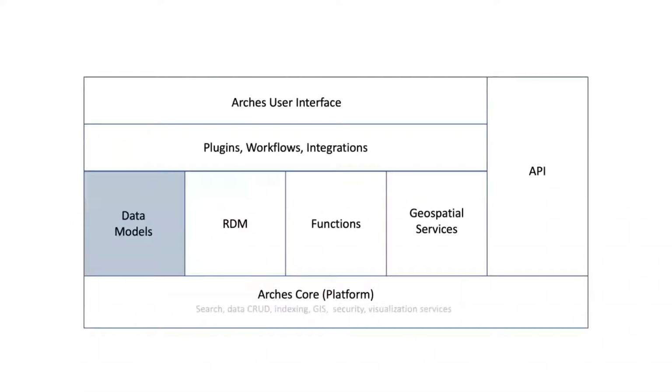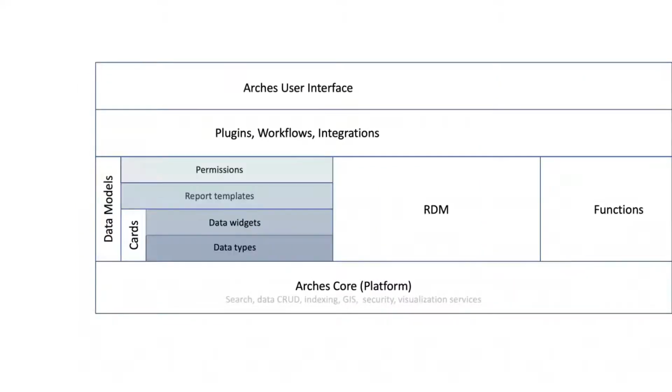So let's take a closer look at this idea. I'd like to start with data models, or really the databases that we implement on top of the ArcGIS core platform. If we take a closer look, data models are themselves made up of modules or components. Data models, these databases, also define the data entry forms, or cards as we call them, that are deployed in an ArcGIS application.